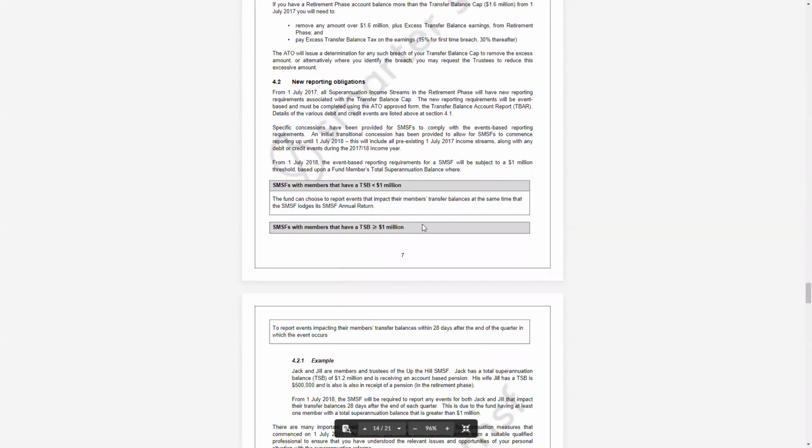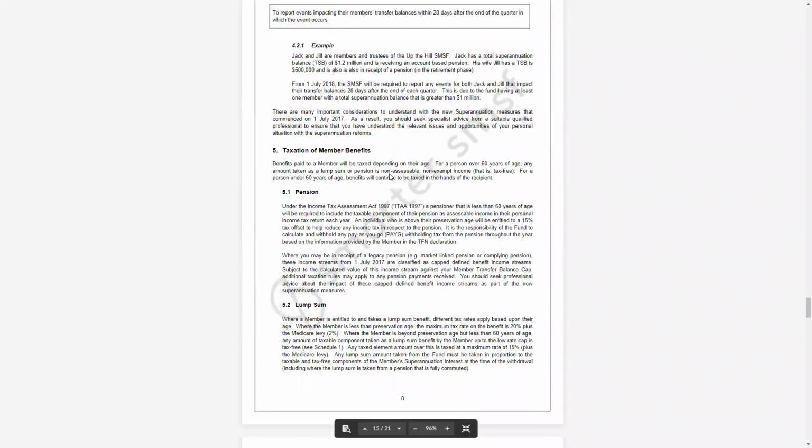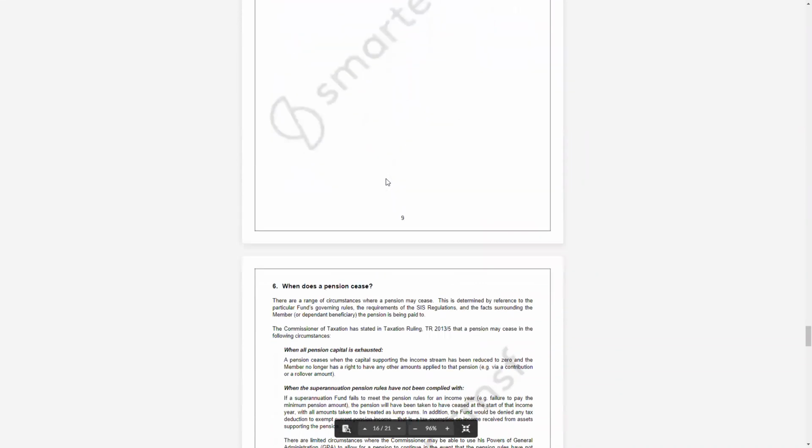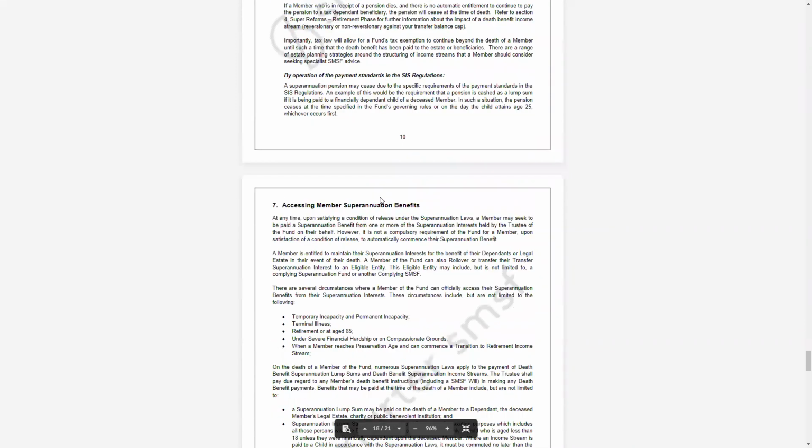And again, these are things that we are updating as we go along to account for the changes to things like reduced minimums, to things like the new reporting requirements that will apply from the 1st of July 2023, the taxation of benefits, and much, much more. So again, specific things that will help the client to understand their benefit they're being paid as a member, but then the natural flow and effect that that'll have in their responsibility as a trustee for the fund in paying that income stream as well.